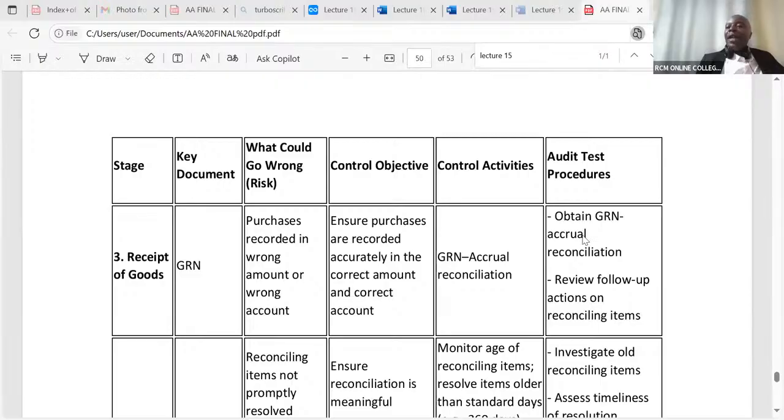Now please listen. We are looking at the audit test procedures. Obtain the GRN accrual reconciliation, obtain it yourself. Whenever you talk of reconciliation, you must always also review something else.